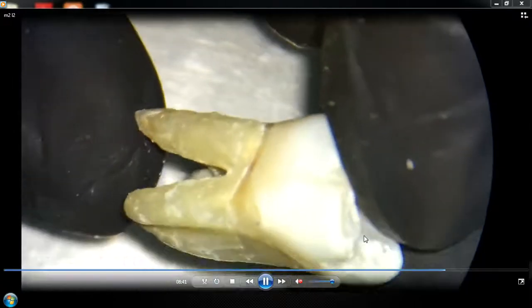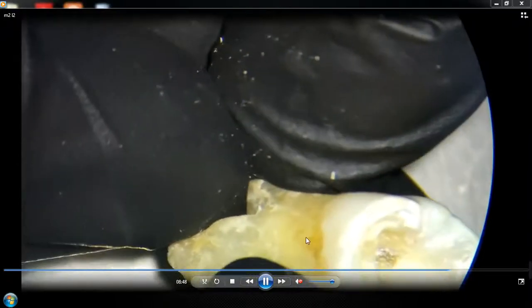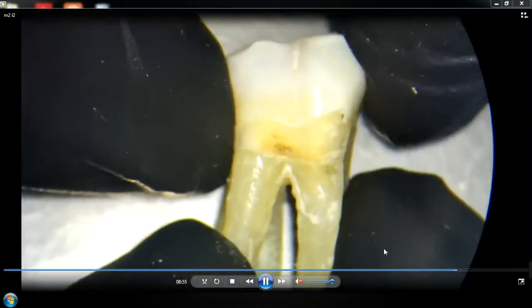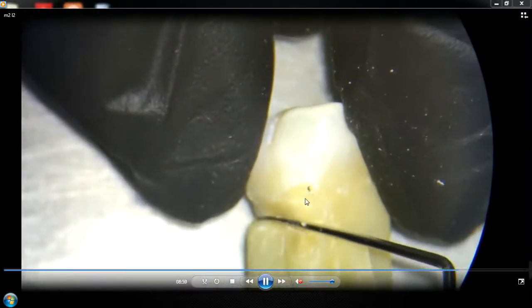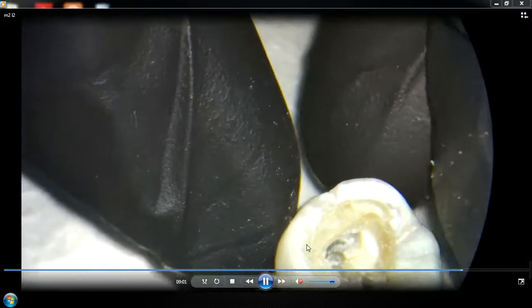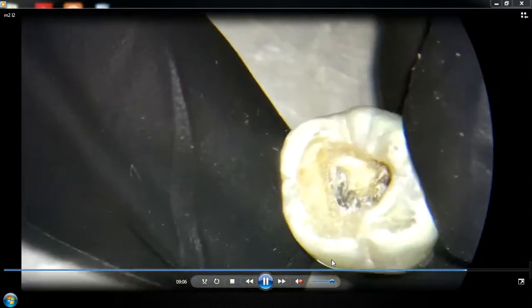If you can see, this is the buccal surface and my extra canal is on the other side. That means it will be called a paramolaris. It is away from your vision, or from the buccal plate. This tooth would have been removed because of the cervical abrasion that is available, and I'm sure that the dentist could have tried to do a better root canal, but patient choice is always supreme.